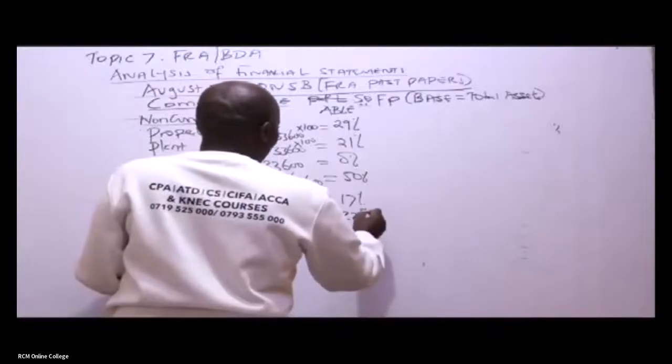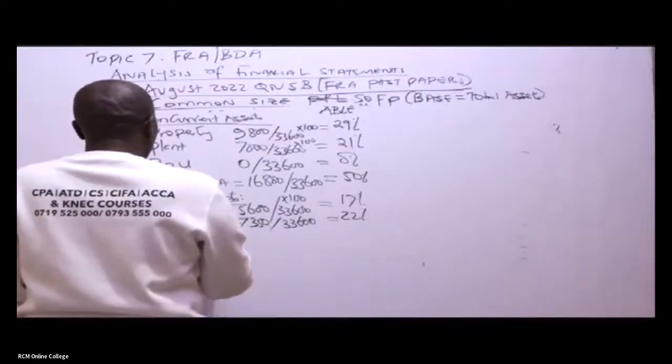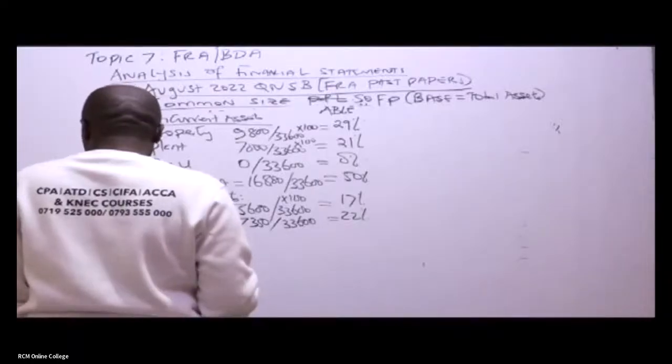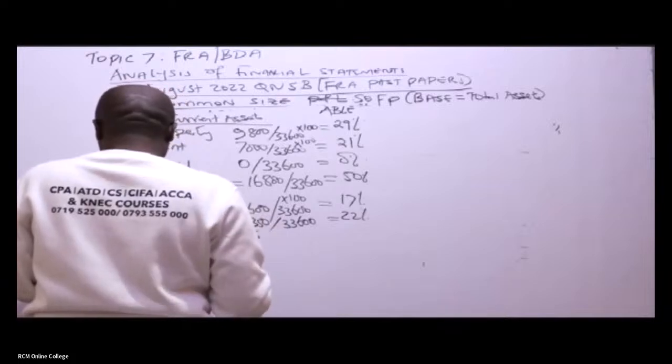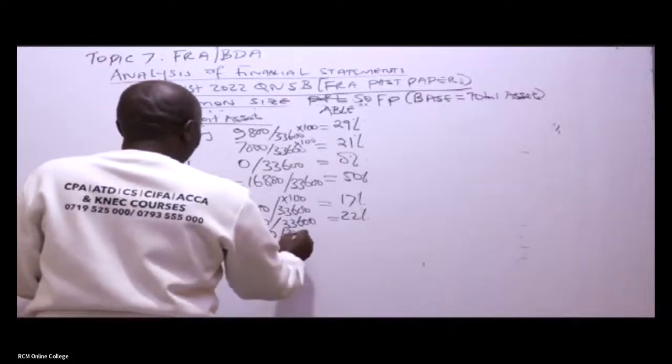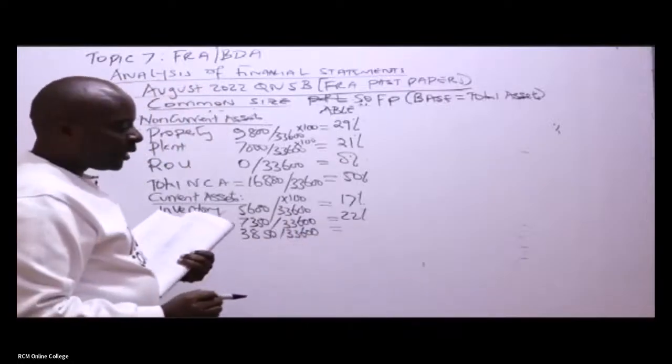After receivables, I can see bank. For bank, what do we have there? 3,850 divided by 33,600, which will end up giving me what percentage there? 11%.